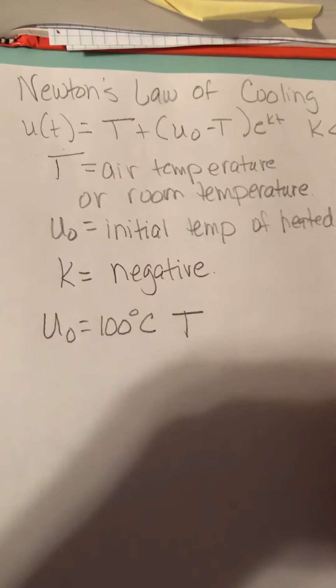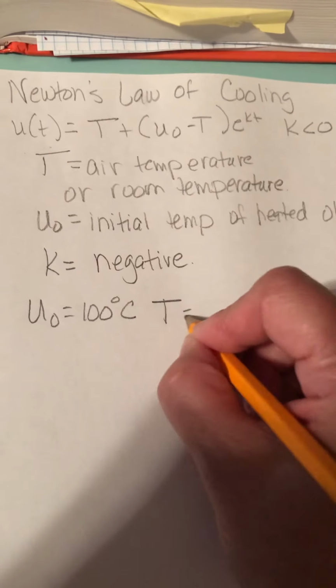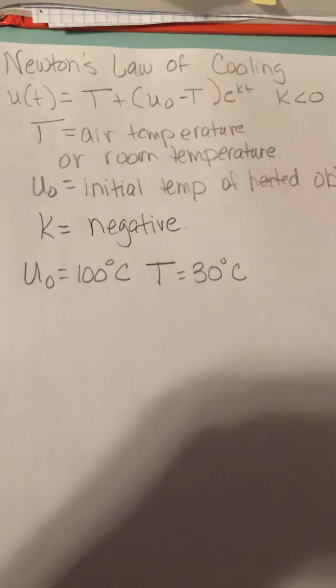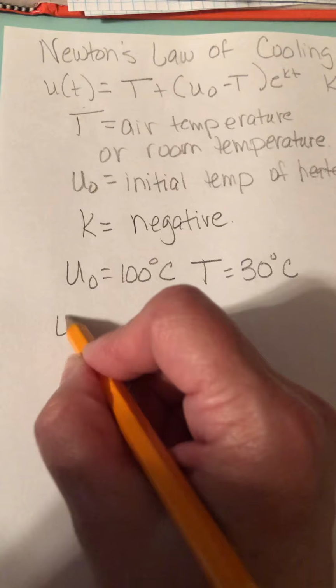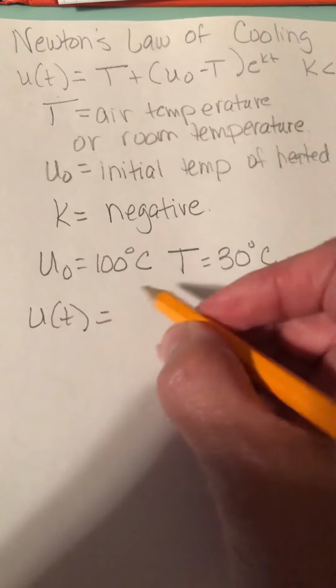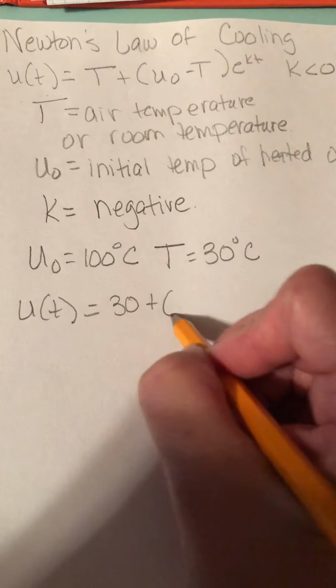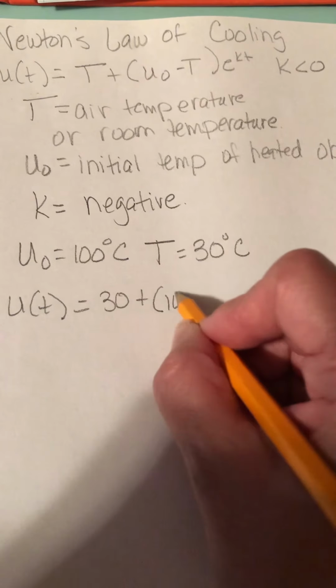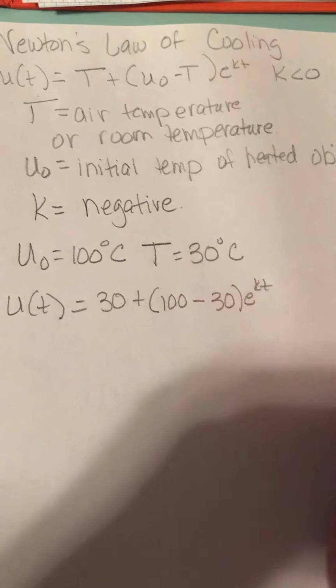So a room with an air temperature of 30 degrees Celsius, that's our big T. Now that I have this, I'm going to plug what I do know into my formula. So that's going to be capital T plus U of 0 minus capital T, times e to the kt.